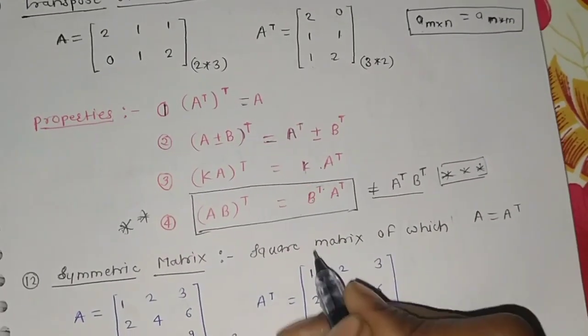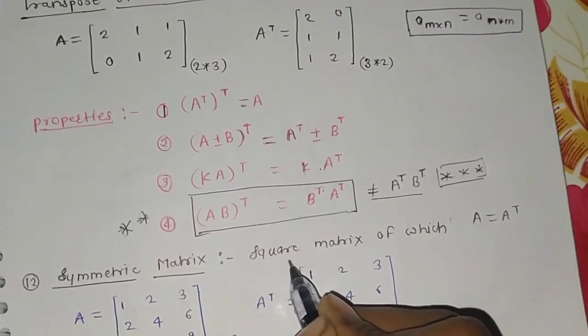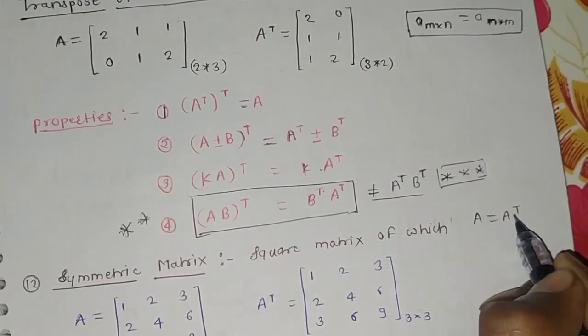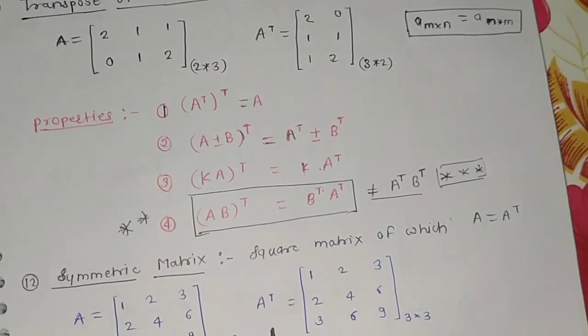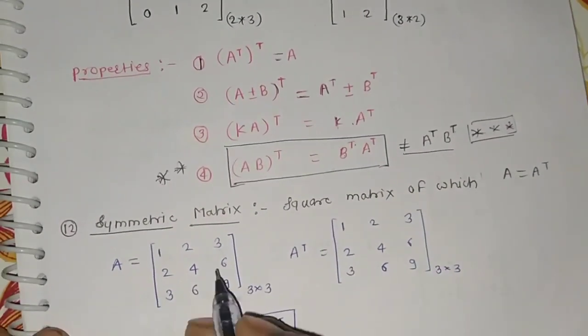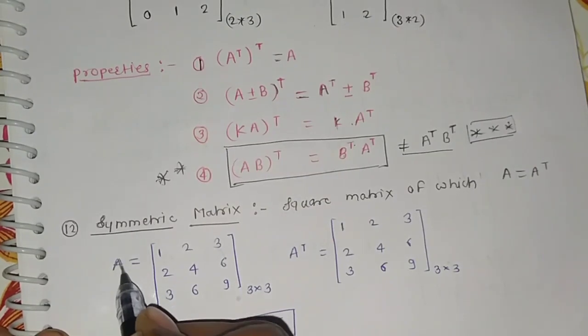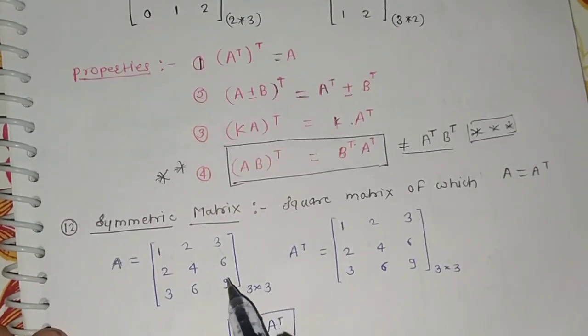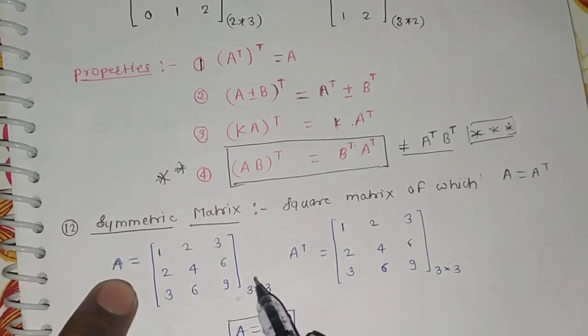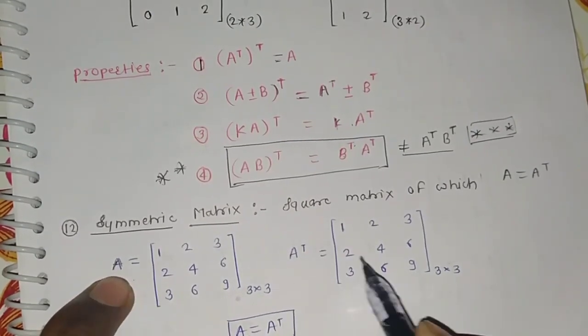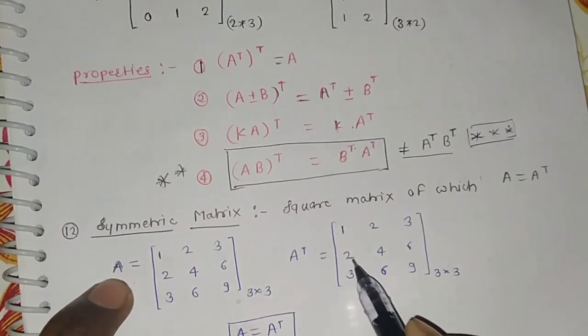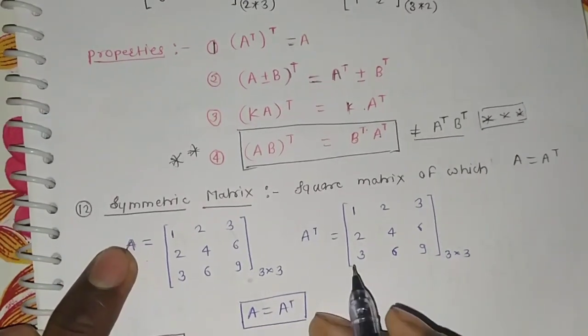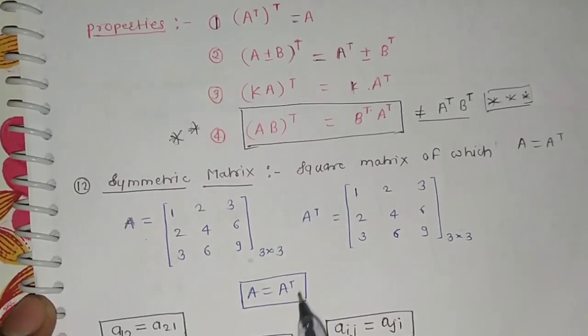Next one, symmetric matrix. Any square matrix for which A is equal to A transpose is nothing but a symmetric matrix. Here you can check, A is equal to this matrix. If you take the transpose of this matrix, you will get the same matrix. That is what a symmetric matrix is.